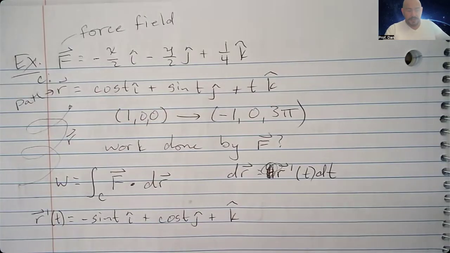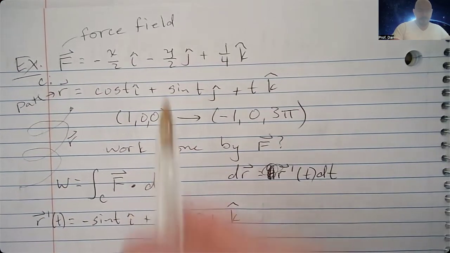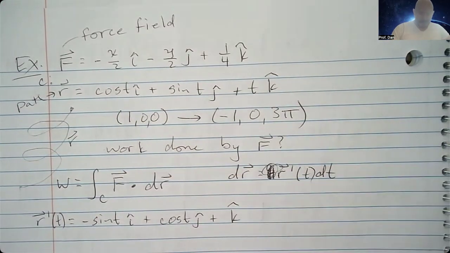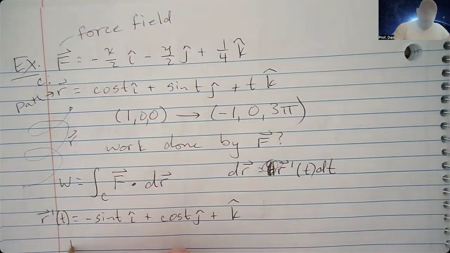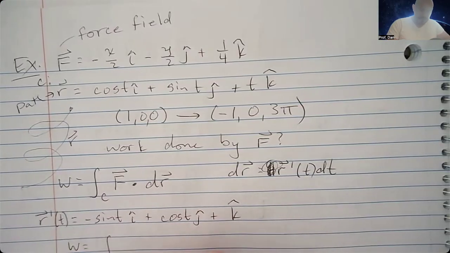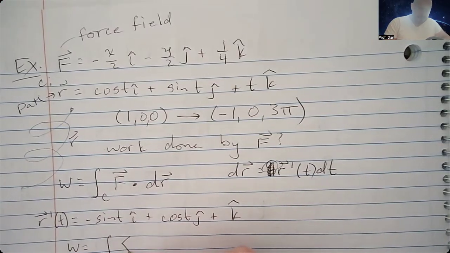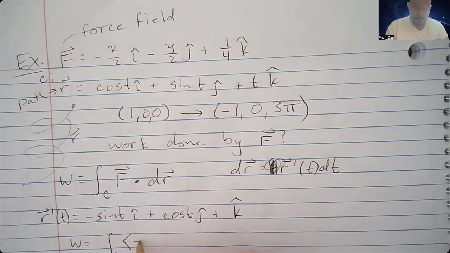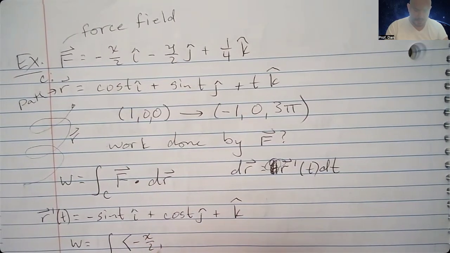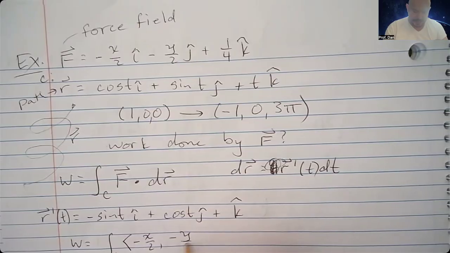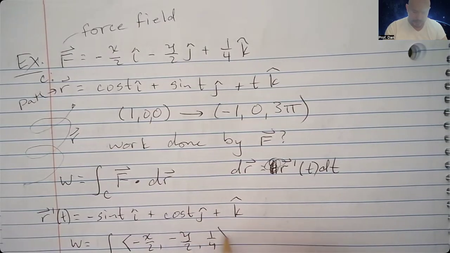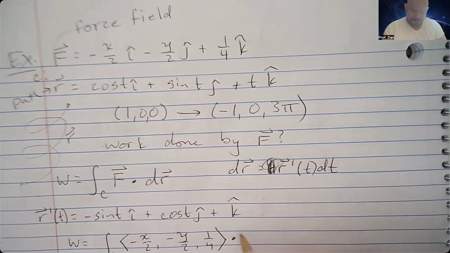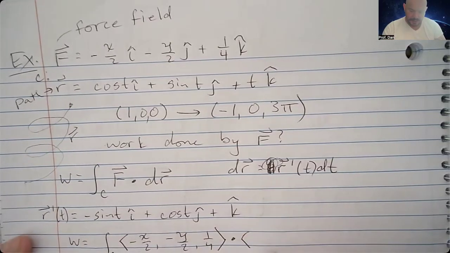So this is going to be our vector r prime. Our vector for the force field we're already given. So the work then is going to be the integral over this path c of the vector from our force field. So that was negative x over 2, negative y over 2, 1/4 dot r prime of t.